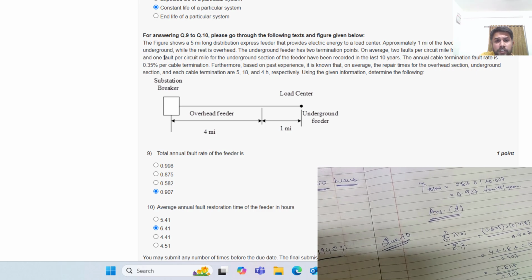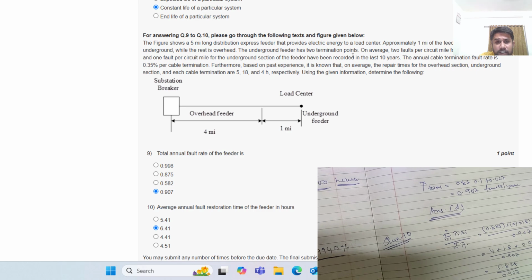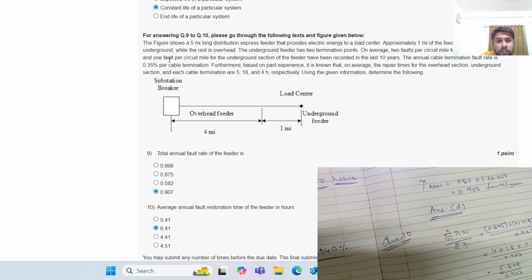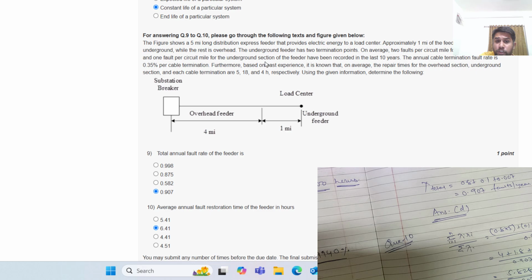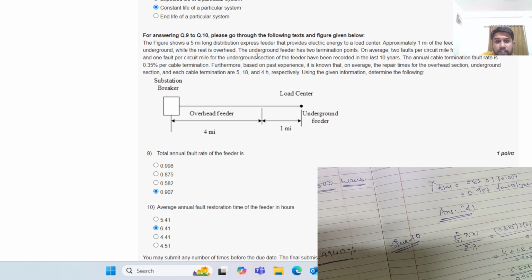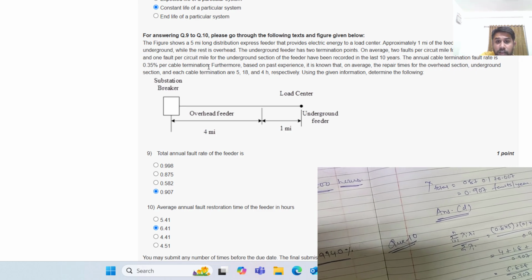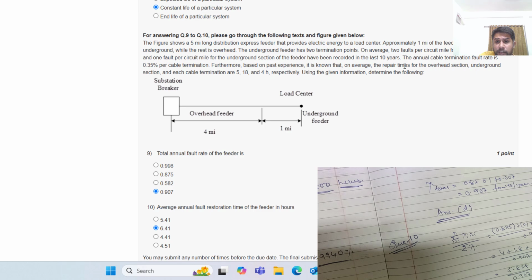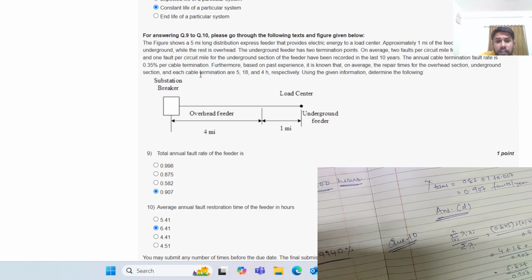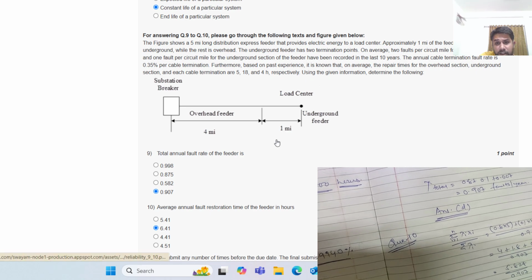The fault rates are 2 faults per circuit mile for the OH section and 1 fault per circuit mile for the UG section of the feeder for the last 10 years, and annual cable termination fault rate is 0.35% per cable termination. Now the average repair times of the overhead section, underground section and each cable termination are 5, 18 and 4 hours respectively, as given.